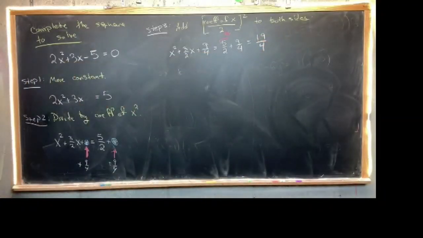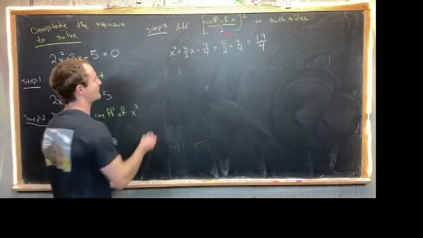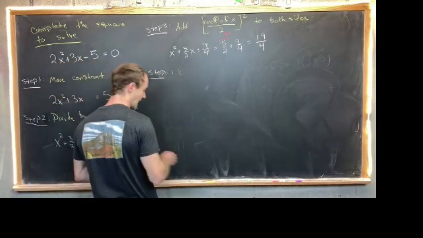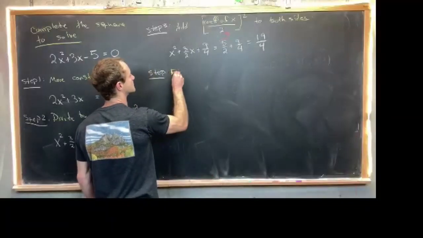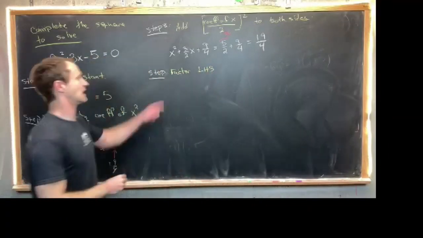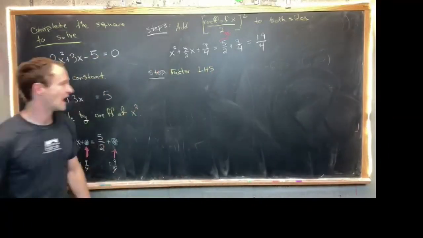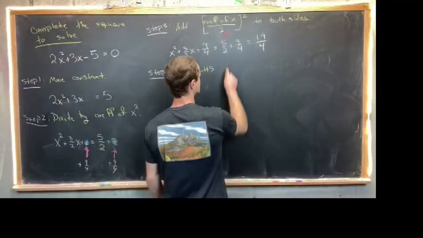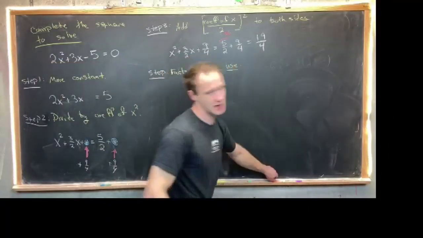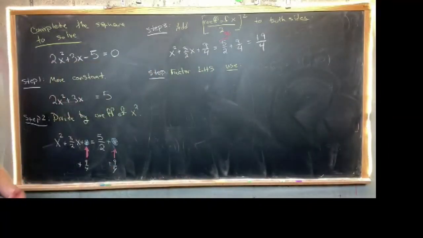Great. And then step 4 is to factor the left-hand side of the equation. So that would be like this thing right here. And we're going to use the standard factorization formula for a square binomial.